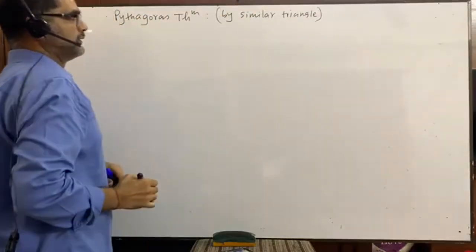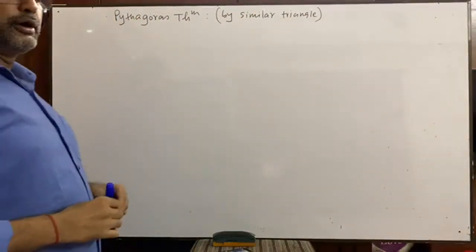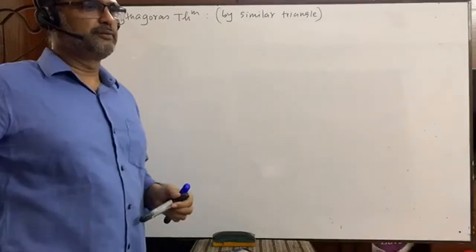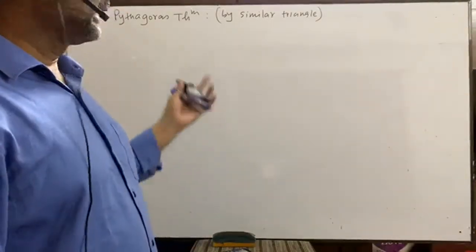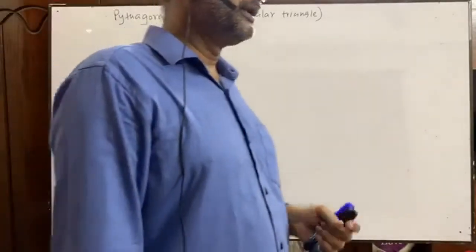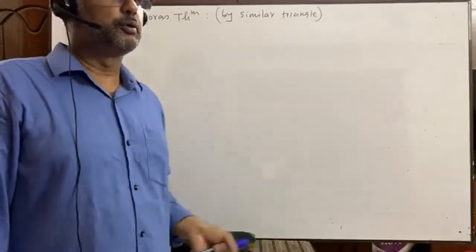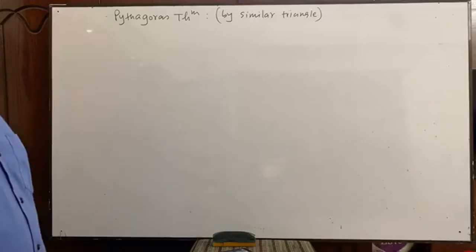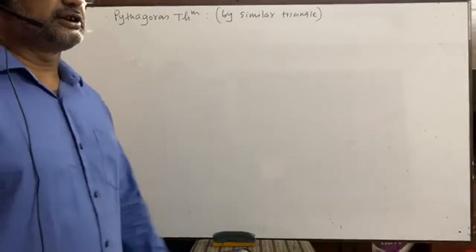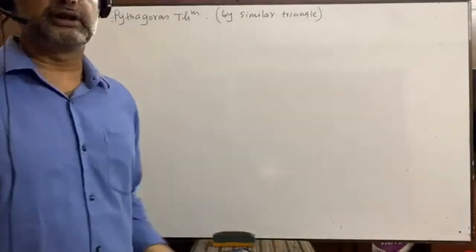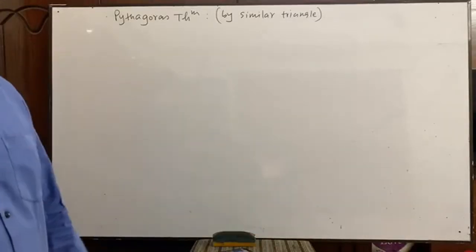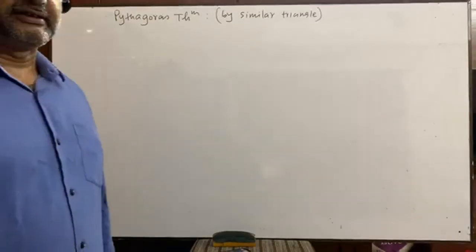Okay. All of you are required to write down the statement from the book. In a right angle triangle, the square of the hypotenuse is equal to the sum of the squares of the other two sides. Please write down, you have 30 seconds.